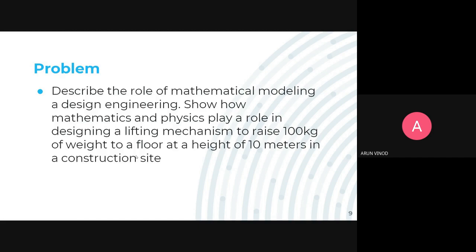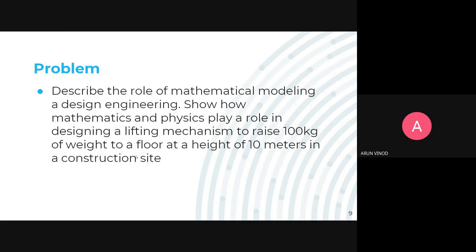Show how mathematics and physics play a role in designing a lifting mechanism to raise 100 kg of weight to a floor at a height of 10 meters on a construction site. The same example we discussed previously is created as a problem. Let us solve this problem.